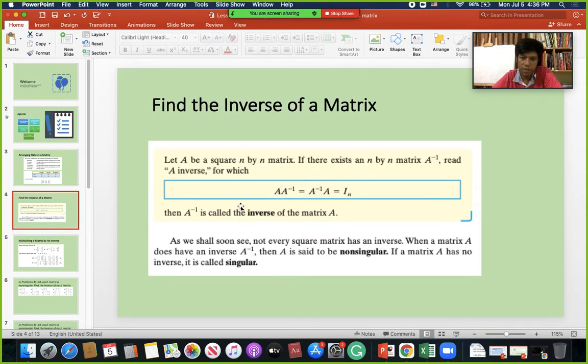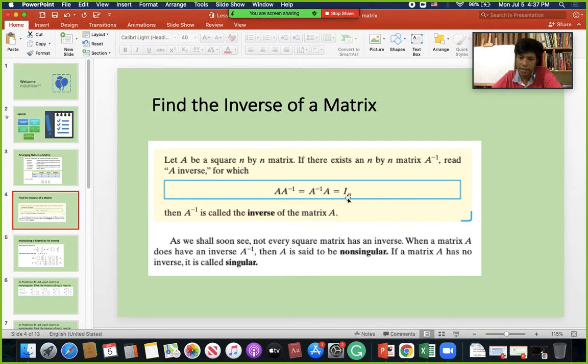This is the inverse. How will we understand that a matrix is the inverse of another matrix or not? The rule is this: if we multiply a matrix with its inverse from both ways, A into A inverse or A inverse into A, both of them will give us the identity matrix.